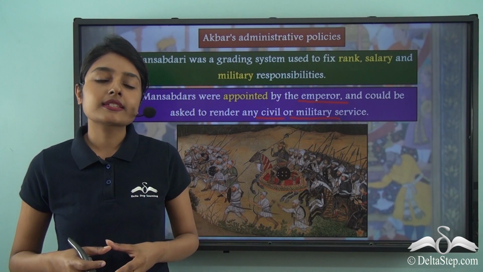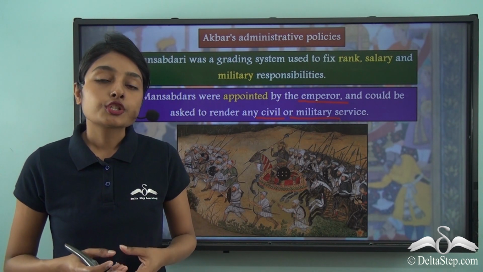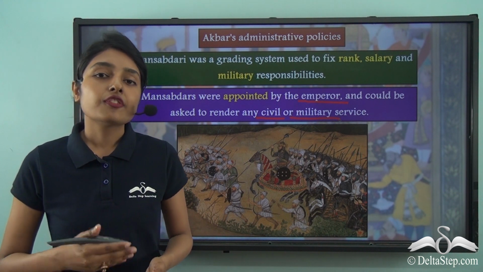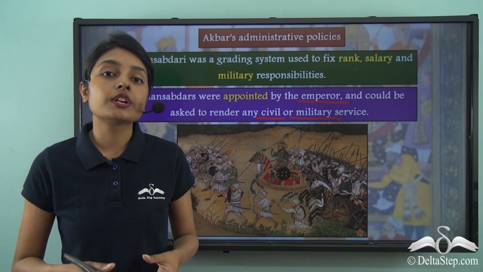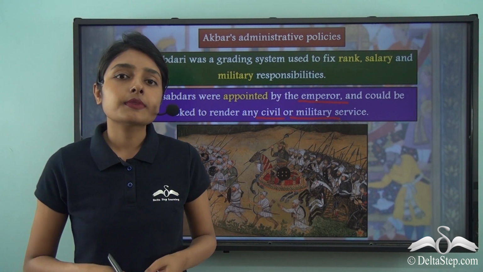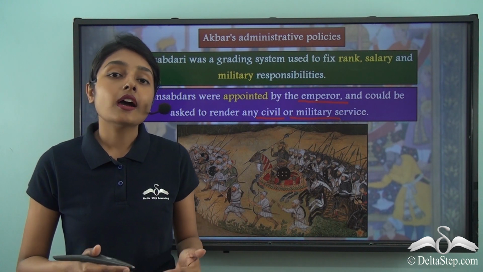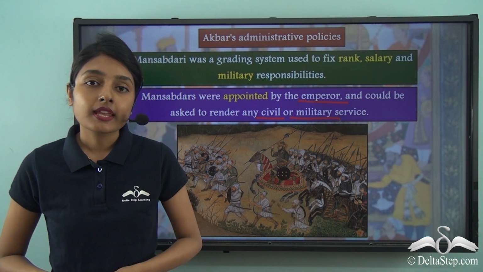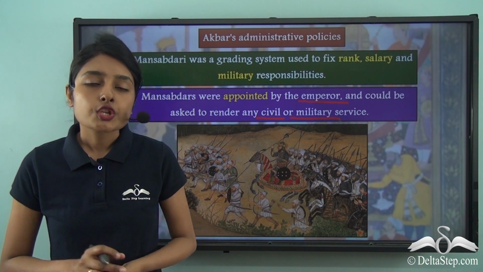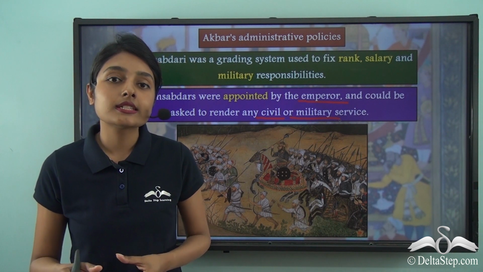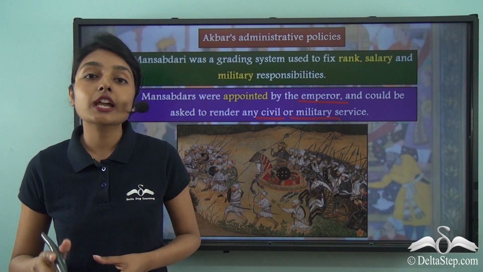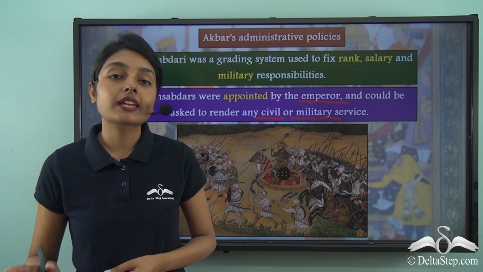Now this Mansabdari system helped Akbar to further strengthen his administration in the sense that various kinds of responsibilities were now being shouldered by these Mansabdars. These Mansabdars had to maintain an army of cavalrymen, and they had to get the horses branded as well. So upon getting the horses branded, the Mansabdars were then given their revenue with which they could pay salary to the cavalrymen.